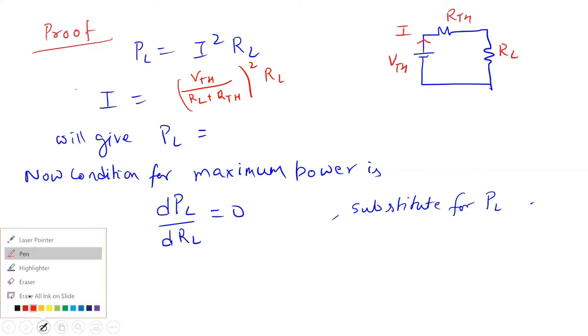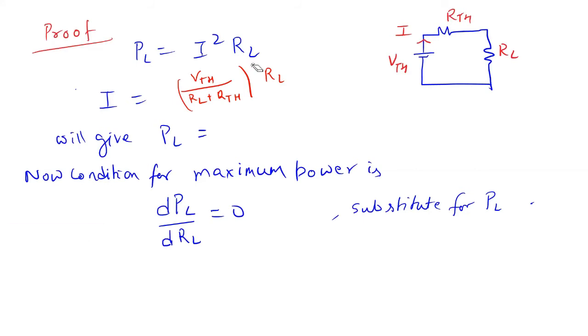One second. Okay, so this is my current, and then you can write the power, just put it in the formula. VTH by RL plus RTH, whole square, into RL. So this is my power across the load.